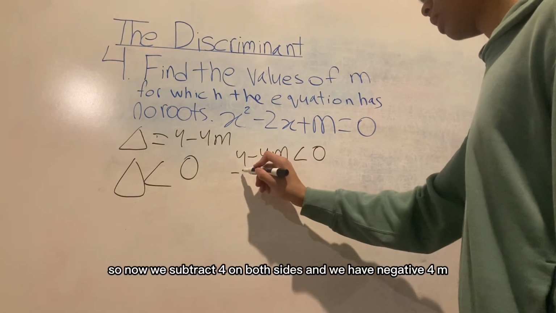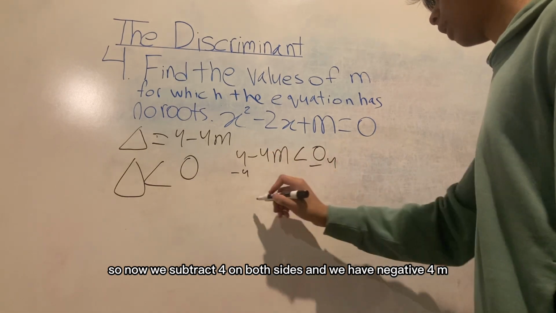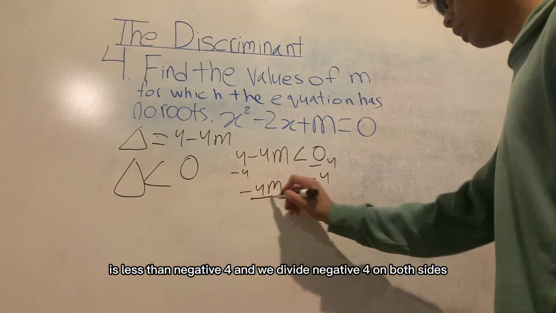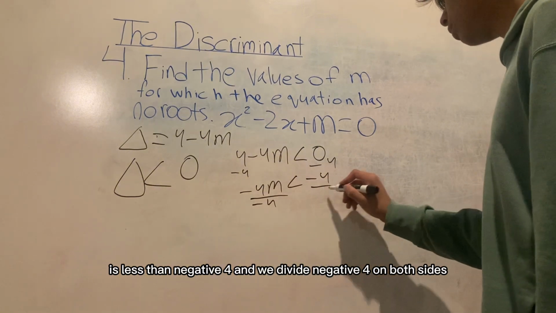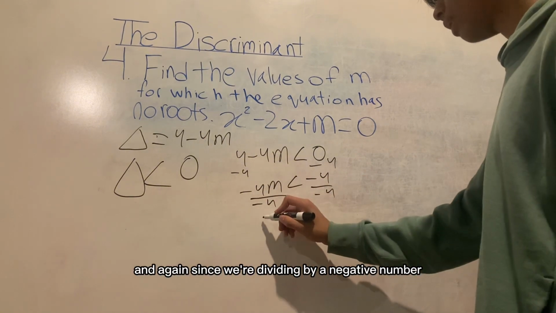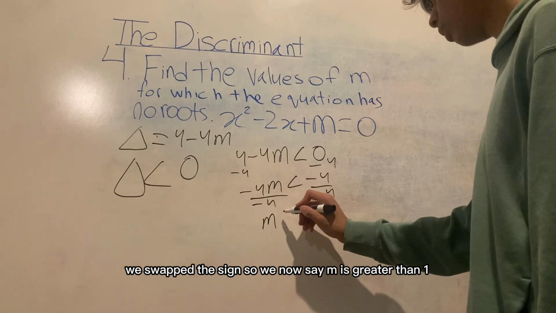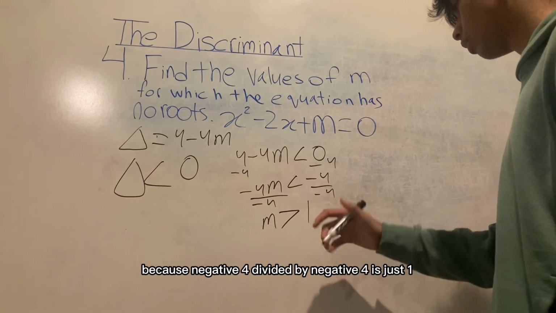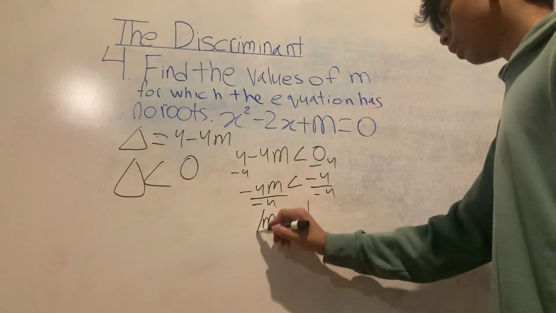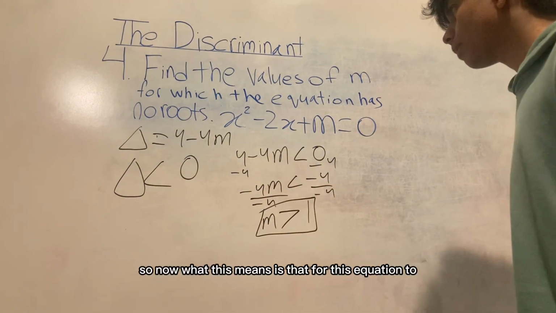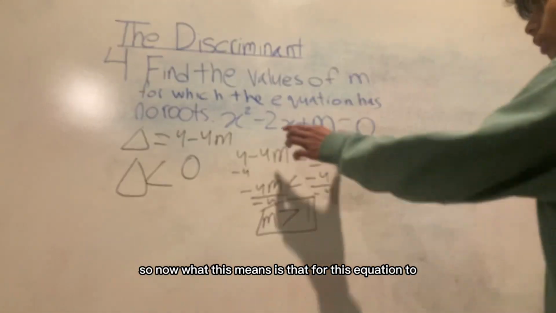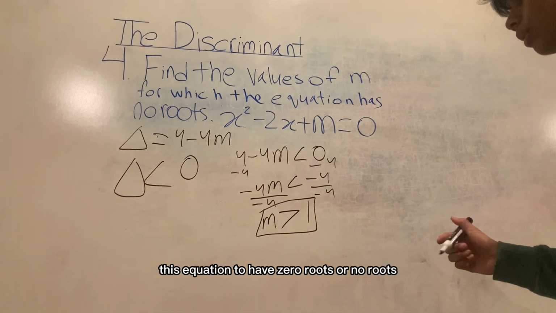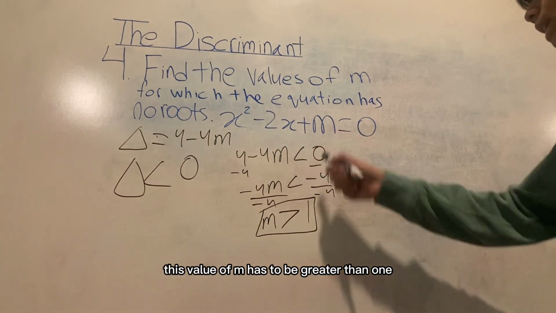We subtract 4 on both sides, and we have -4m is less than -4, and we divide by -4 on both sides. Since we're dividing by a negative number, we swap the sign, so m is greater than 1, because -4 divided by -4 is just 1. So for this equation to have no roots, the value of m has to be greater than 1.